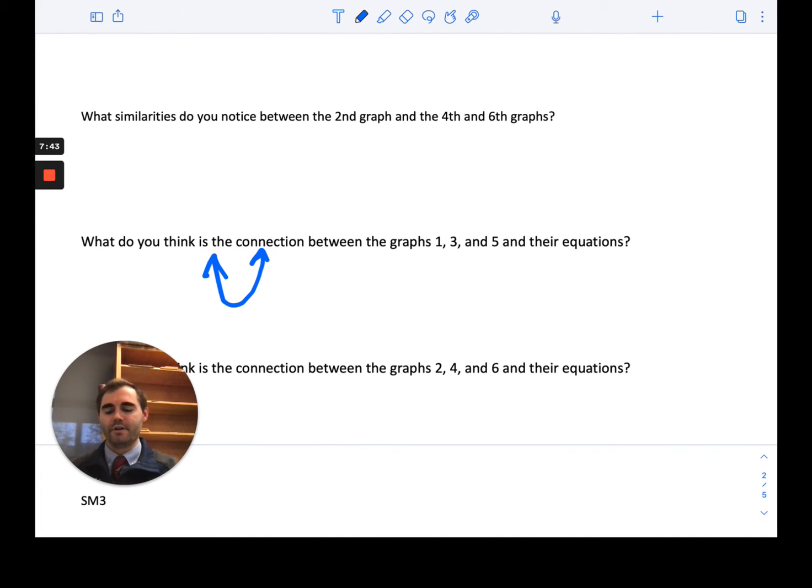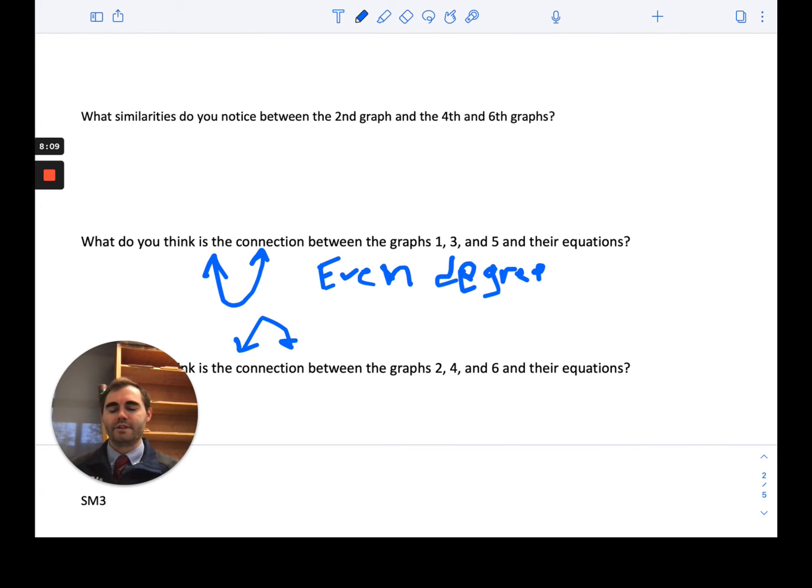Or you'll notice that one of them had end behavior that looked like this, or is coming down instead. And so it's because they have an even degree that they have that same similar shape.